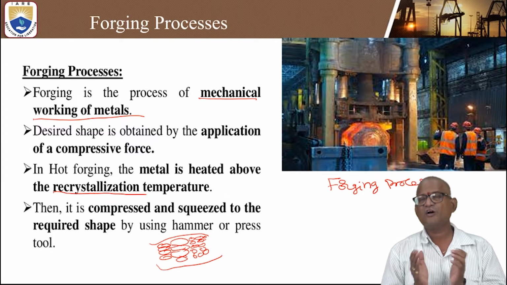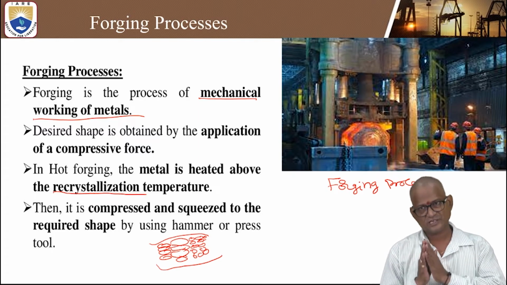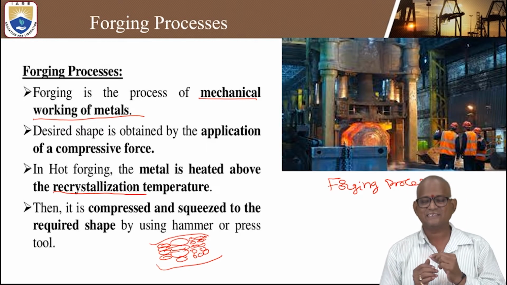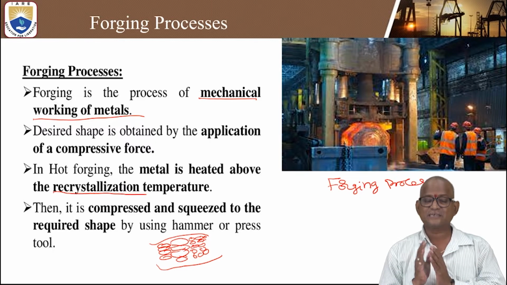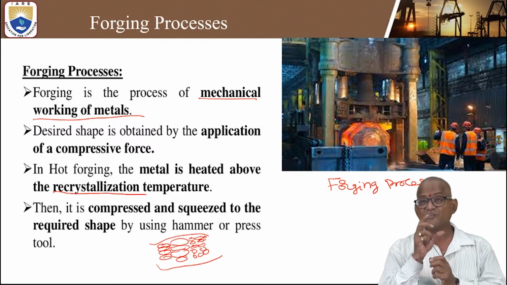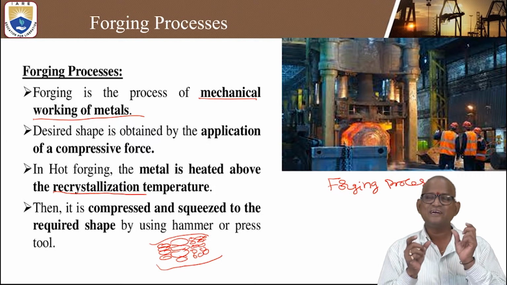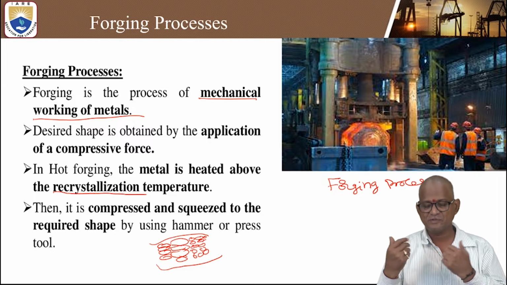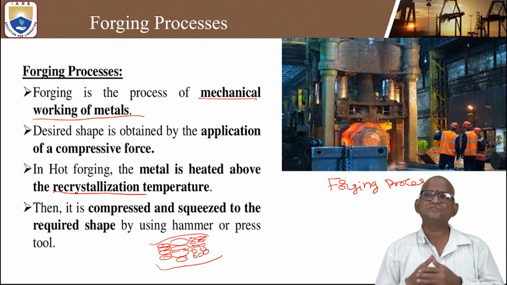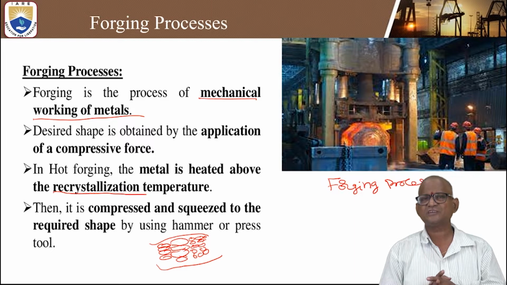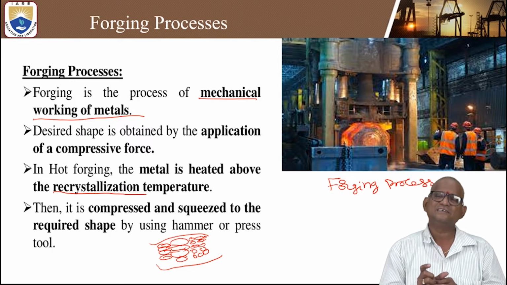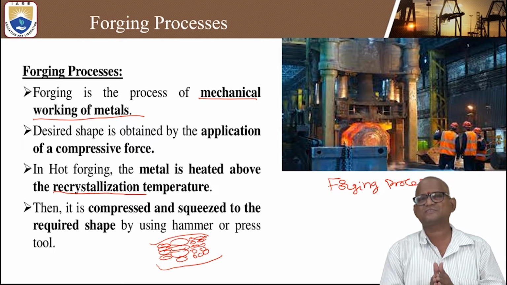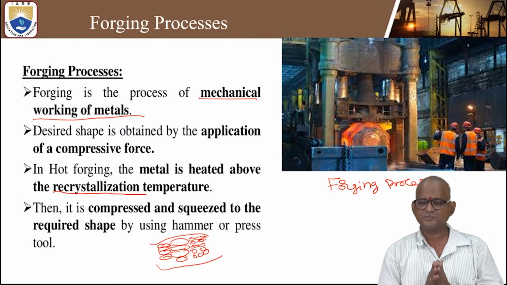Similar to hot working, here the metals are heated above their recrystallization temperature, then compressed and squeezed into the required shape and size. The required shape and size can be obtained by applying hammers, either sledge hammers or pressing tools, and other compressive machines. Depending upon the size, we apply the pressure required to transform the workpiece. So this is the forging process.